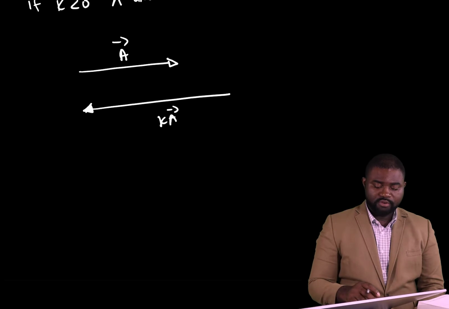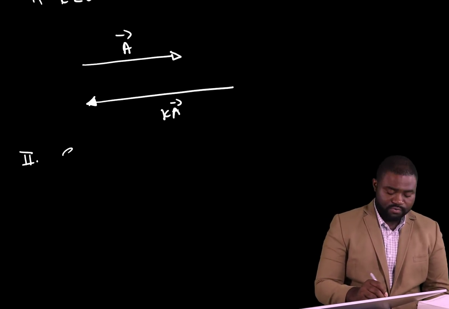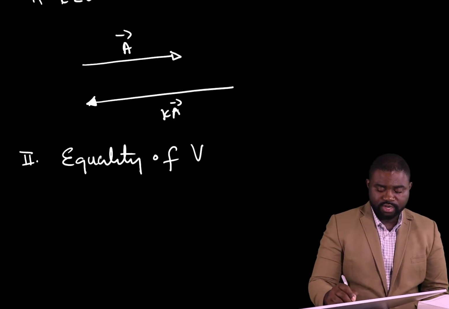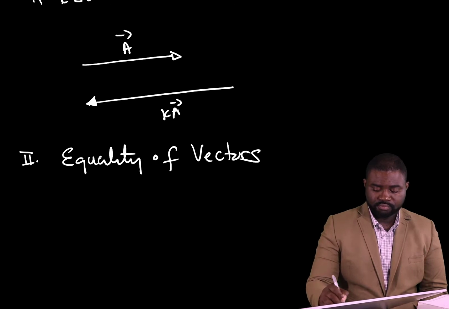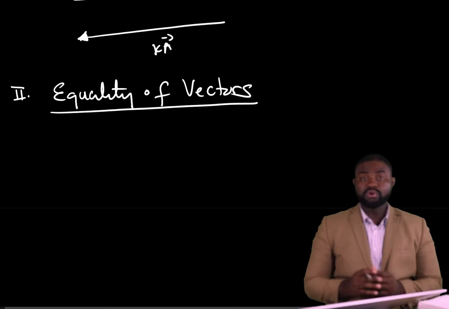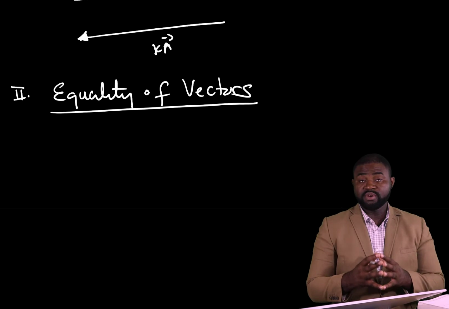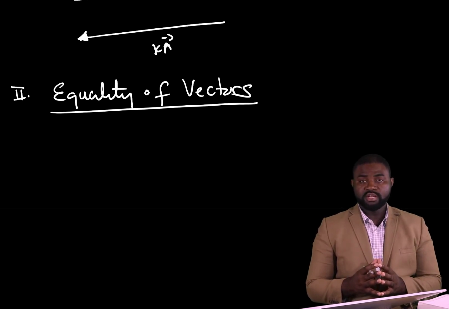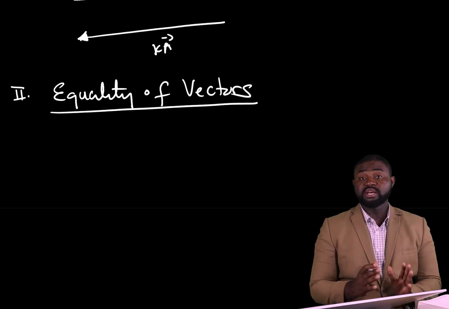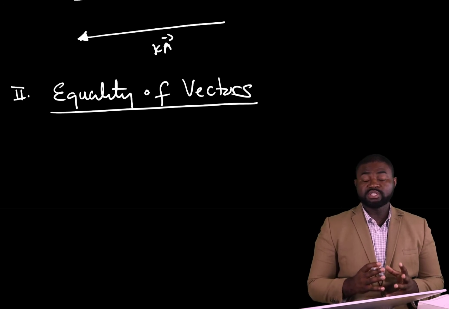Now, the next property of vectors is equality of vectors. Two vectors are equal if and only if they have the same magnitude and the same direction. Let me say that again. When two vectors have the same magnitude, or length, or size, and the same direction, we say that those vectors are equal.